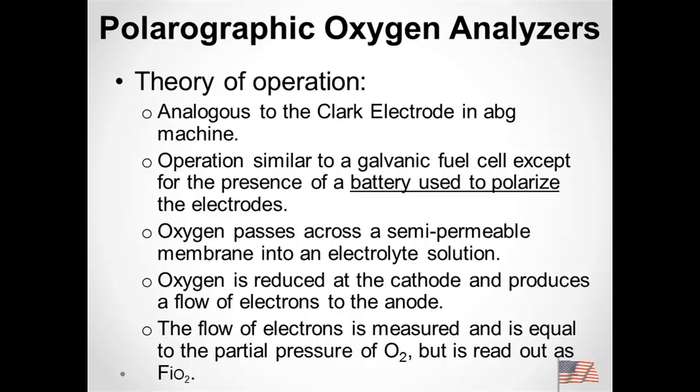Oxygen passes across the semipermeable membrane into an electrolyte solution. So here we have a solution that these electrodes are sitting in. It's then reduced, producing a flow, same idea, and again it's measuring partial pressure. It's not measuring truly the fractional concentration, but it's inferred from the partial pressure. So two big differences between a galvanic cell and a polarographic: one is a battery, and the second one is some electrolyte solution.